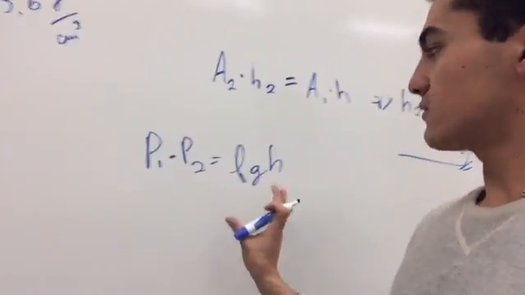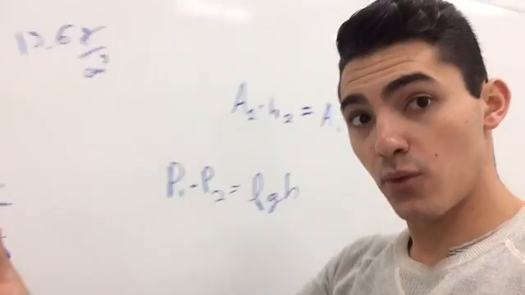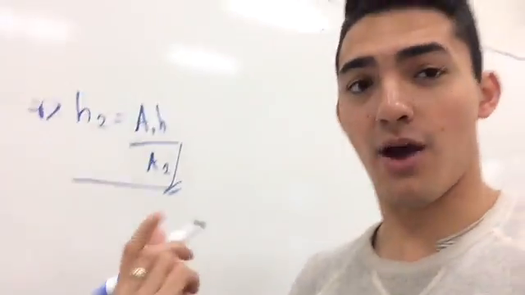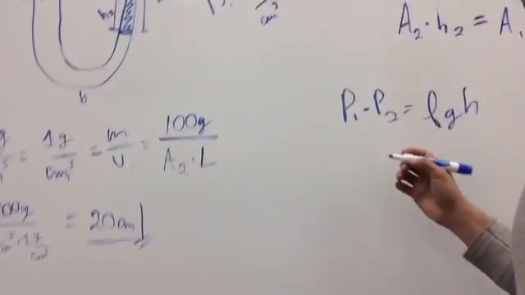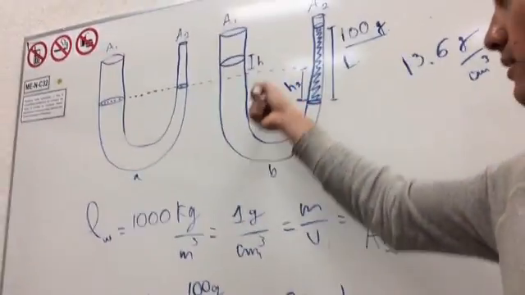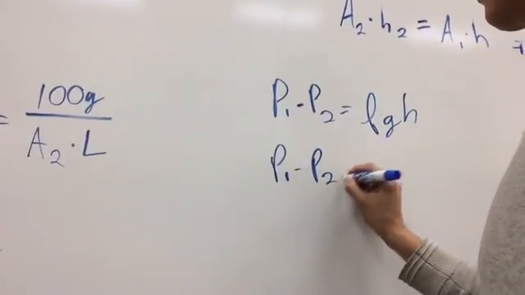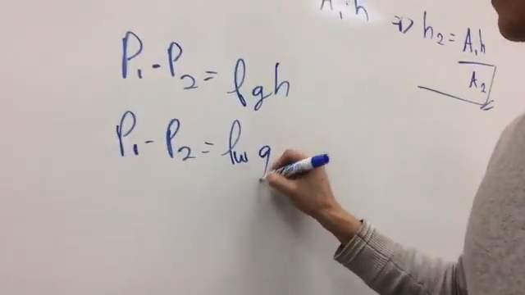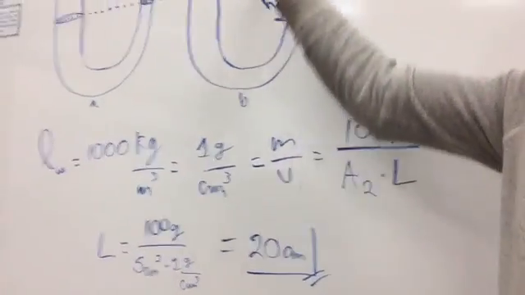As we can see, we can use this formula on both sides to get another equation in order to find our value of H. In the part of the water, P1 minus P2 equals the density of water, which we already have there, times the gravity times our length. The length is all this part, okay?